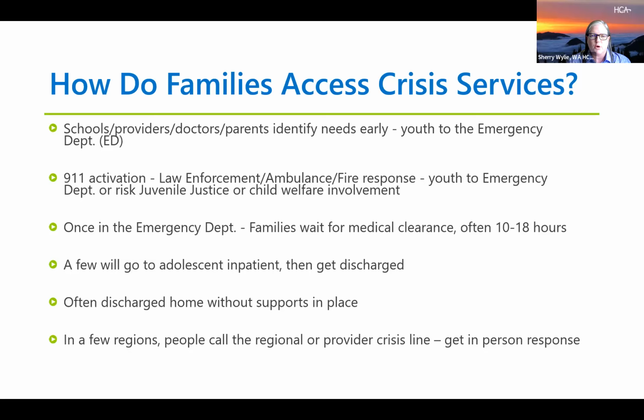Once in the emergency department, families wait for hours for medical clearance before any decision is made. Some, even subacute, will go to adolescent inpatient. Many are discharged home from both the emergency department and inpatient without supports in place. This loop creates unnecessary stress and trauma for families. Next slide, please.